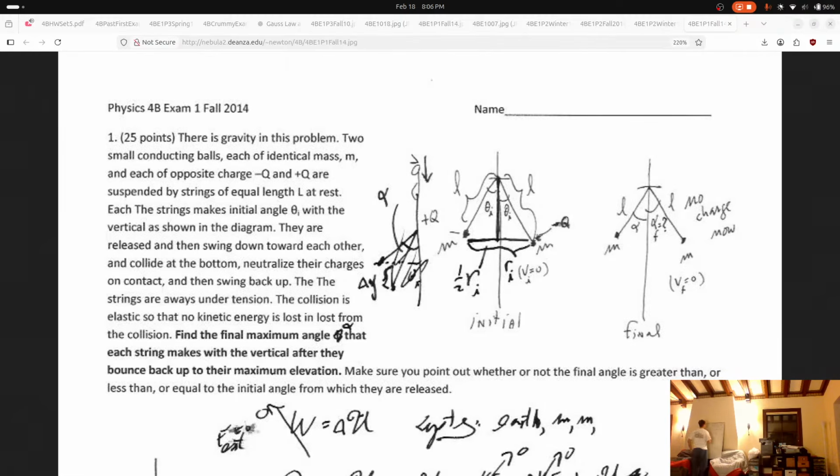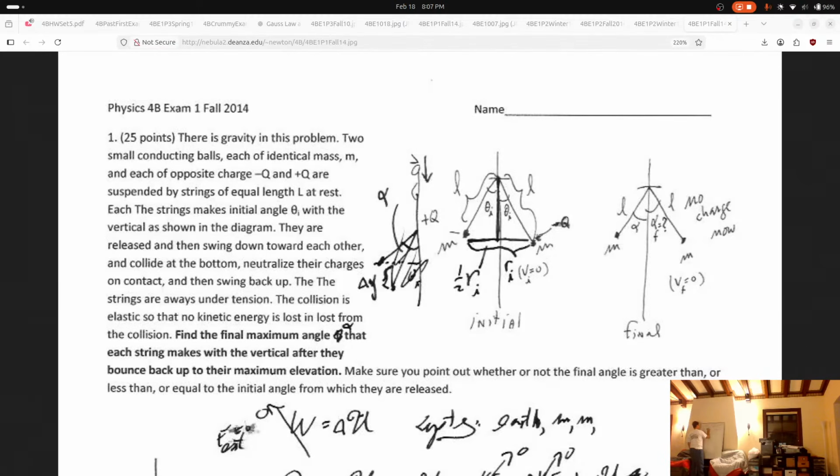Okay, so now we can write our full expression, which is going to be 0 is equal to KQ squared over Ri plus 2mg times Yf. So we need to figure out what Yf and Y initial are. Y initial is the tricky part. You just say Y equals 0.